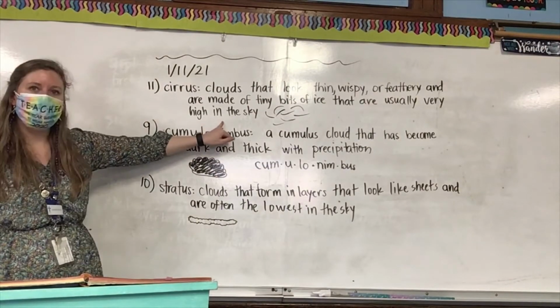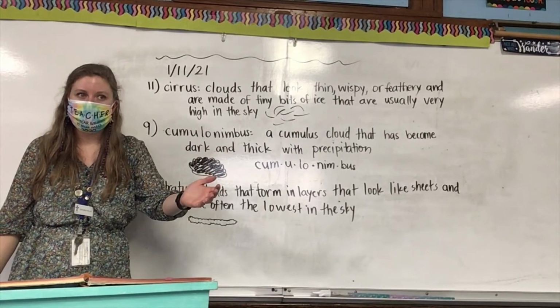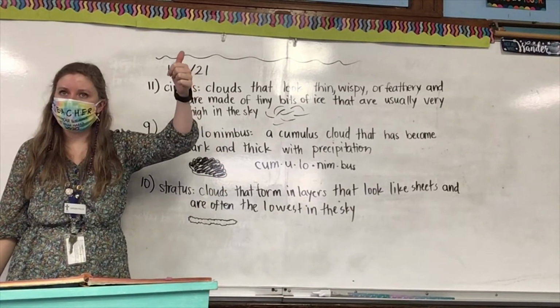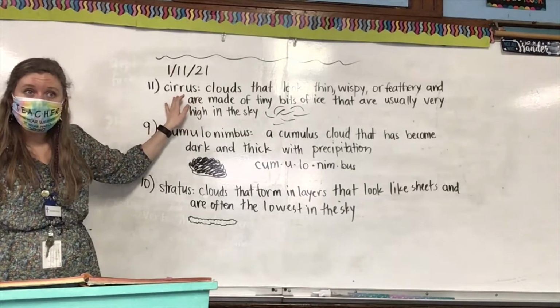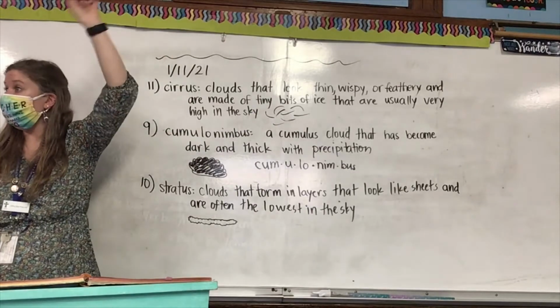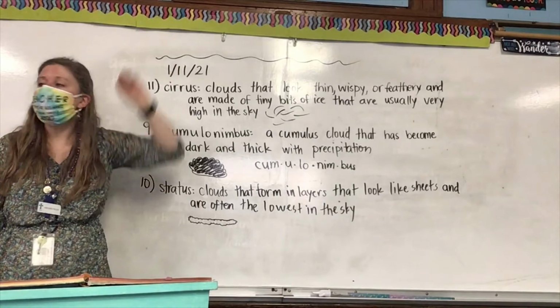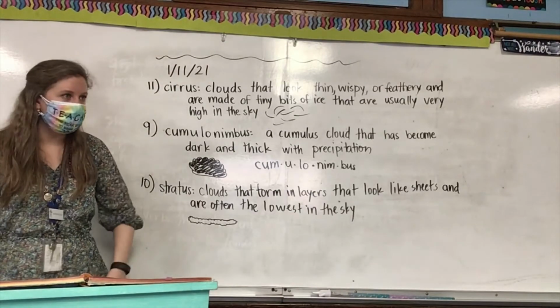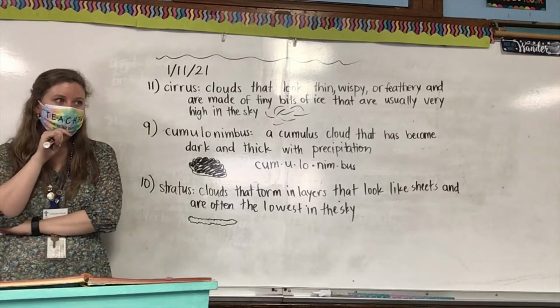So that tells you, okay, I know clouds are made of tiny droplets of water. The higher you go in the troposphere, the colder it is. So if cirrus clouds are made out of tiny bits of ice, that means they must be really high up because those tiny bits of water that make the cirrus clouds have frozen into tiny bits of ice. Does that mean if there are cirrus clouds in the sky that it's going to snow?